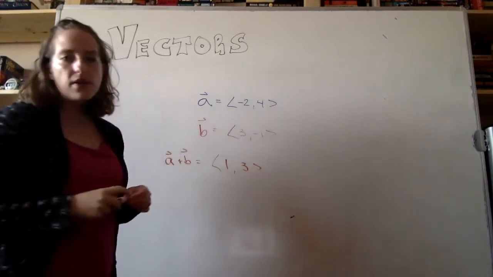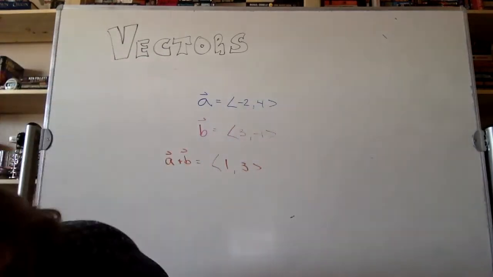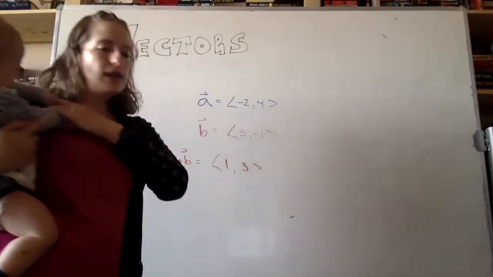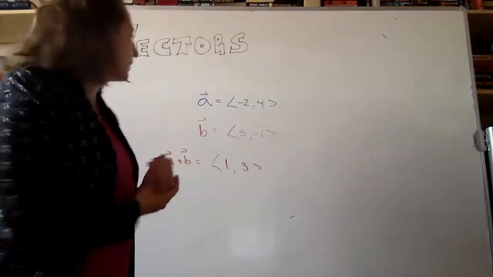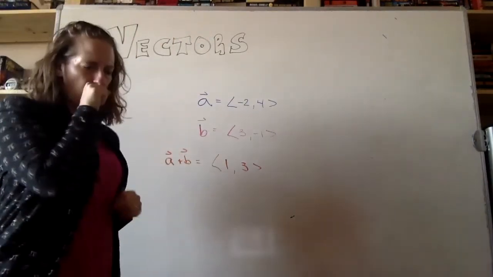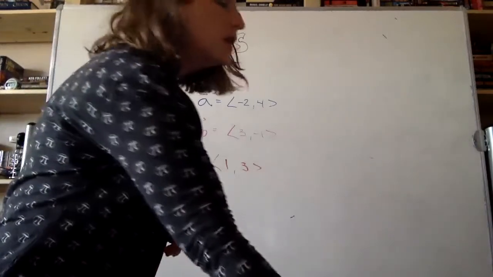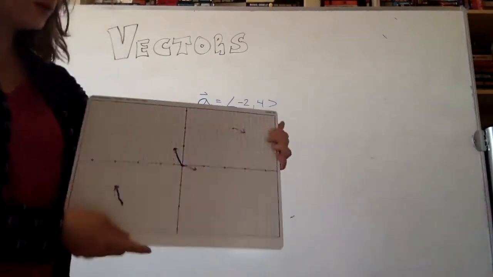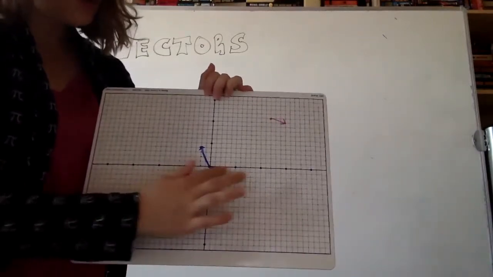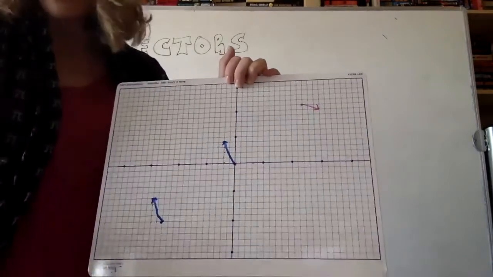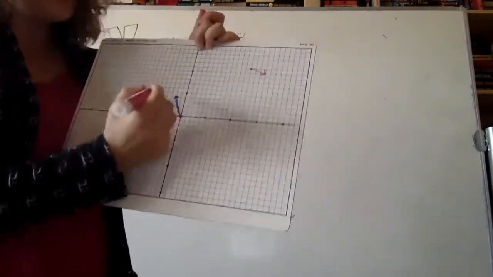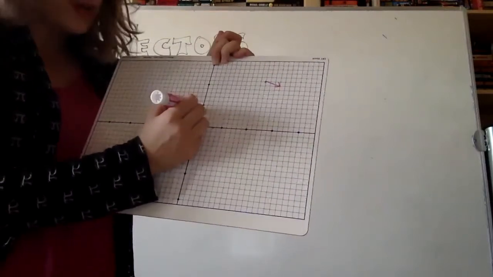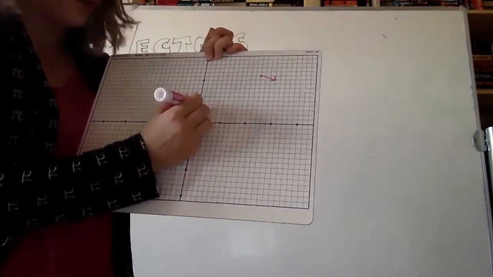Okay? Now, another way to think about vector addition is if we're thinking about these geometrically. Okay, so then if we think about the geometric interpretation of addition, remember that we add tip to tail. So if I want to do A plus B, and I come back to our little board here, I'm going to start with A, and I already have A drawn here, and then I'm going to add on B. So that means B is going to start where A ends, and remember B was right 3, 1, 2, 3, and down 1.